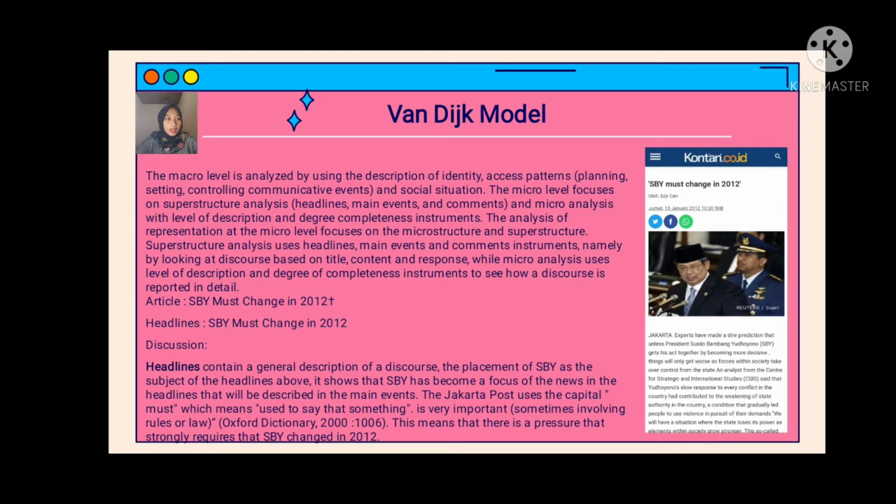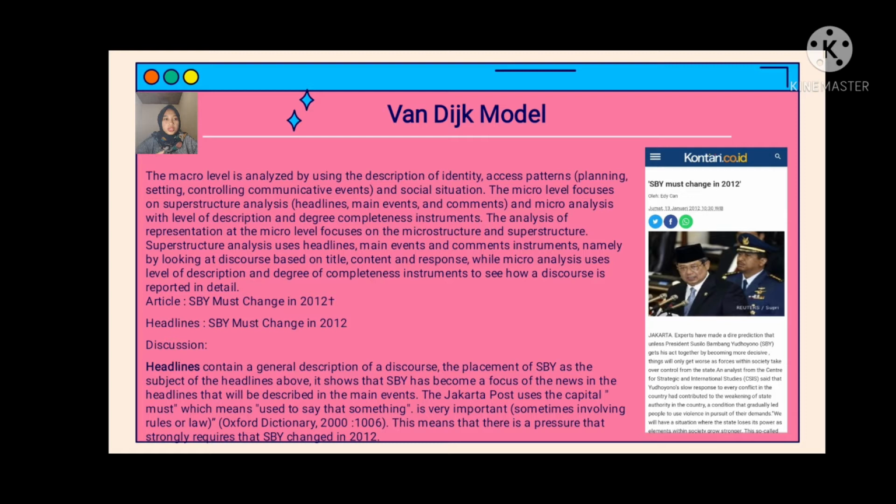And then the micro level focuses on superstructure analysis, such as headlines, main events, and comments on the news or on the text itself. And the micro analysis uses the level of description and degree of completeness instrument. The analysis of representation at the micro level focuses on the microstructure and superstructure.